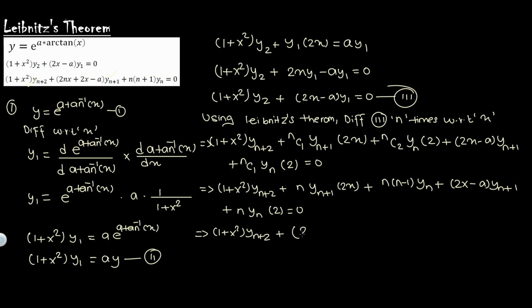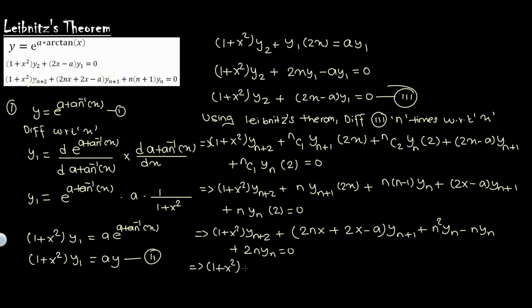We get 2nx from this term plus 2x minus a from this term, and we have yn plus 1. Now open this bracket. We will get n square yn minus nyn plus 2n yn equals 0.